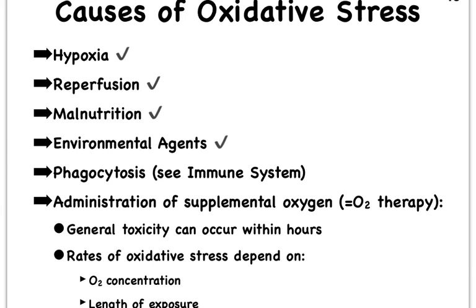So let's come back to our list of the things that can cause oxidative stress. And so indeed, we've done hypoxia, reperfusion, malnutrition, we've looked at air pollution and radiation. I already mentioned that we'll discuss phagocytosis in our discussion on the immune system, that you will primarily study on your own, but then we'll also look at disorders of the immune system.